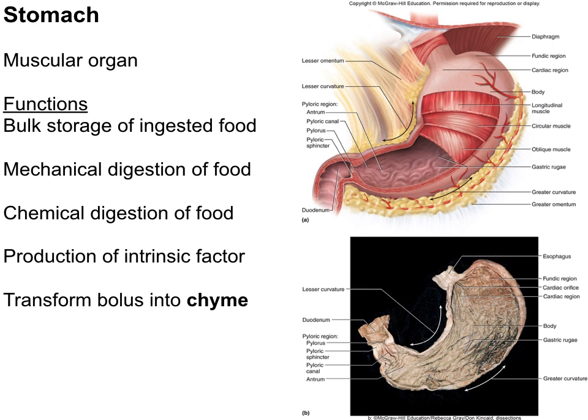What you're throwing up is chyme. So that's sort of what your stomach is going to turn your bite of hamburger into. It's going to turn into a nasty, soupy, partially digested mix.